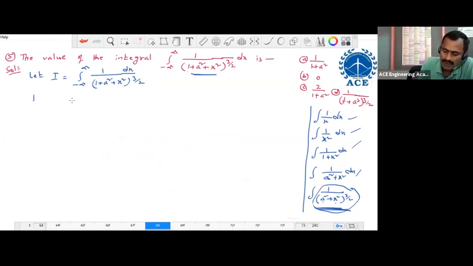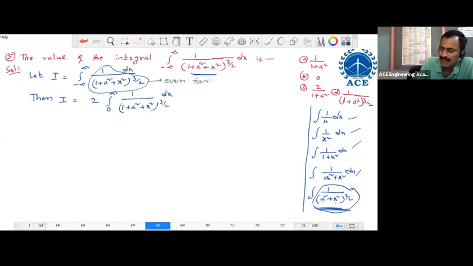Then I equal to 2 times the integral from 0 to infinity of 1 by (1 plus a square plus x square) power 3 by 2 dx, since this is an even function.